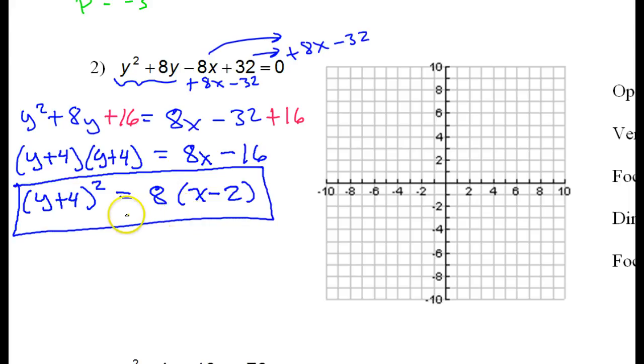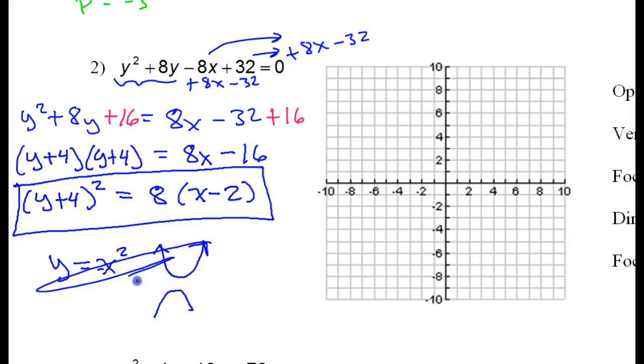First, let's decide, is this going to open up, down, left, or right? We know that y equals x squared is the normal upward facing parabola. So when x is squared, that's either up or down if it's negative. But here we have the y being squared, not x squared, but y squared.